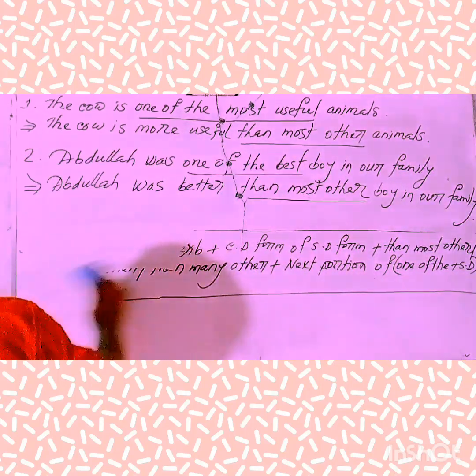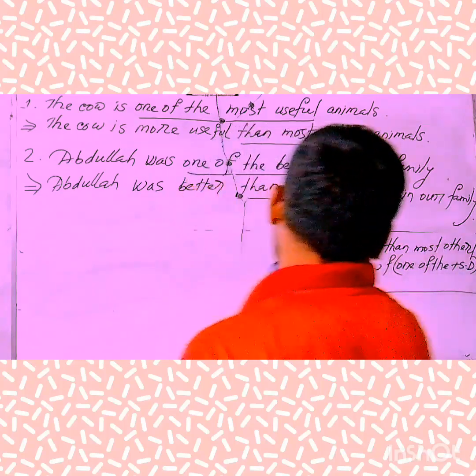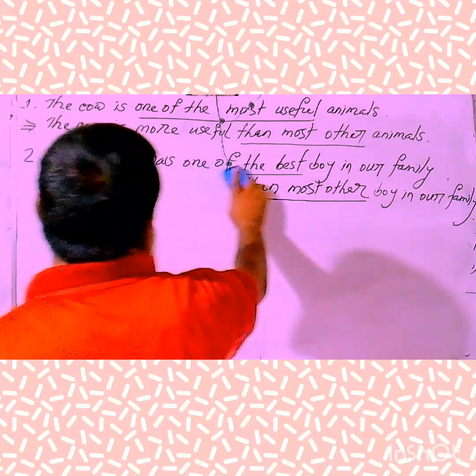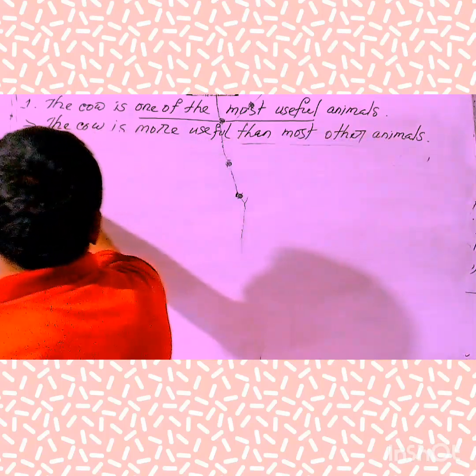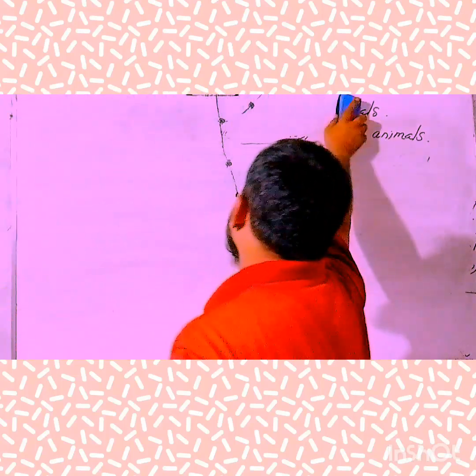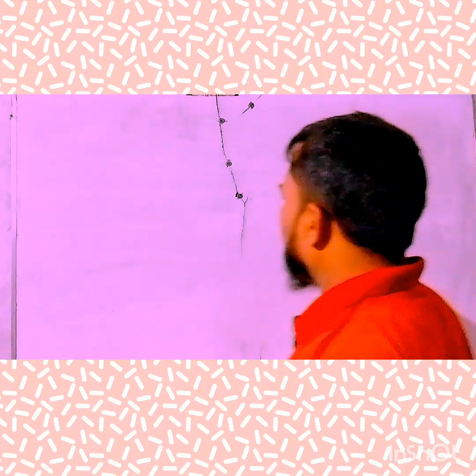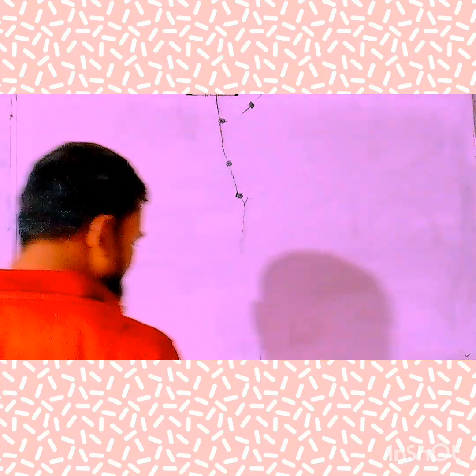Okay, my dear learners, this class is the last class of changing sentence of degree, and before ending today's class, I want to say something here. So, my dear learners, take a look at the board and try to understand.